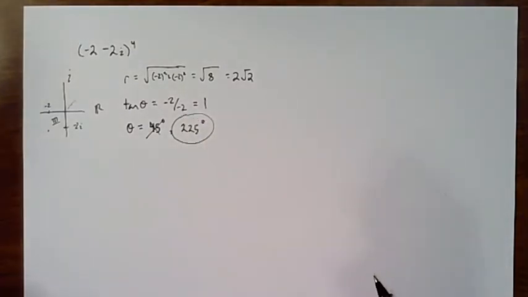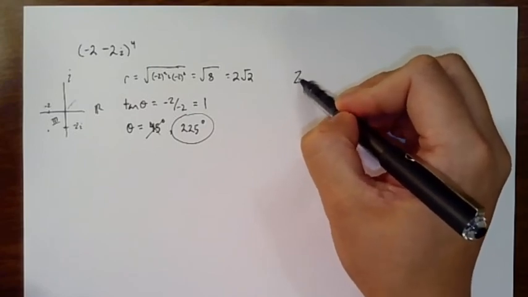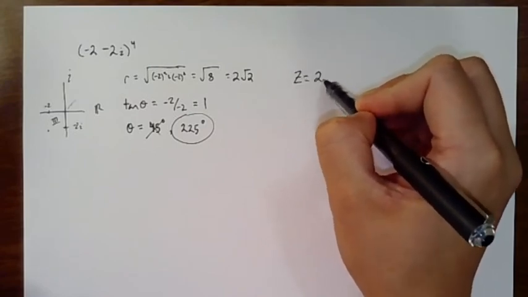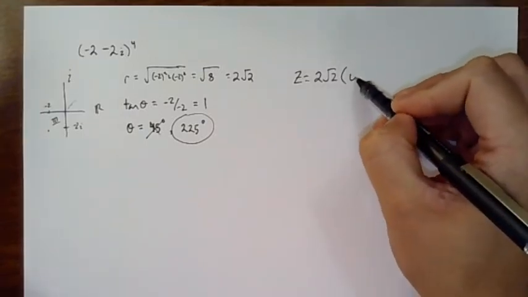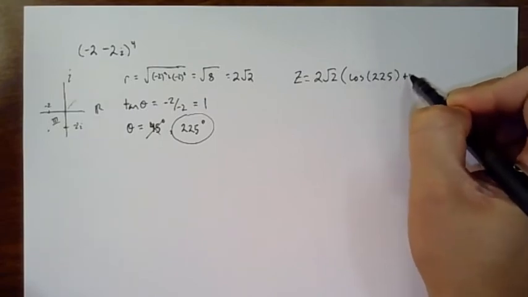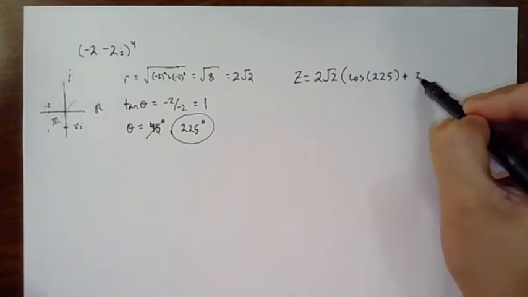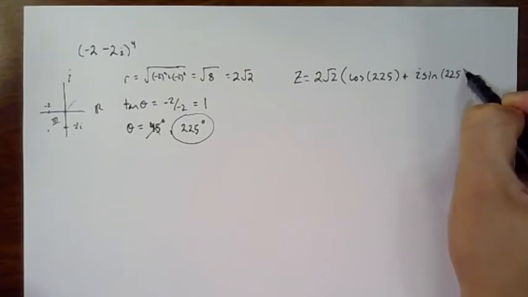So let's write our number out. So we have r, which is 2 root 2, and then we'll have cosine of 225 plus i times sine 225.